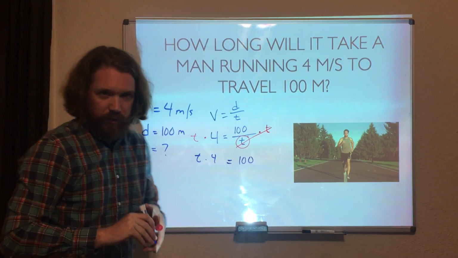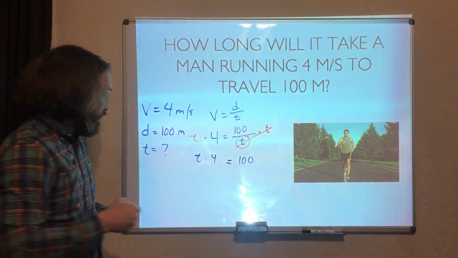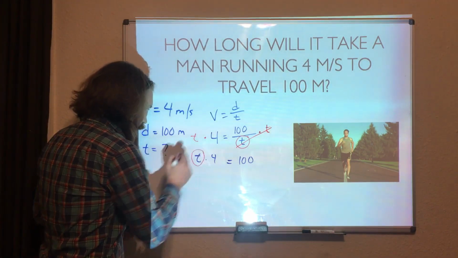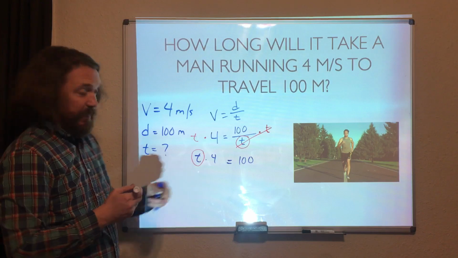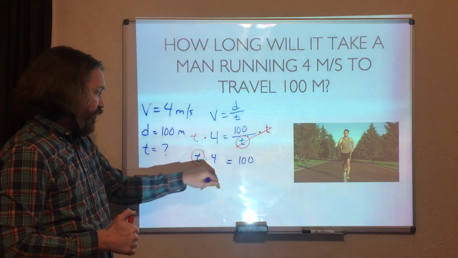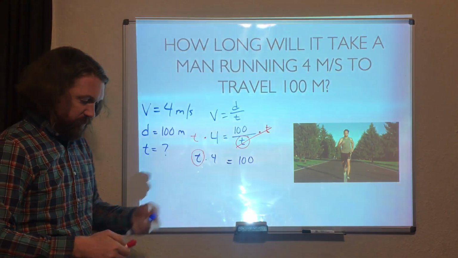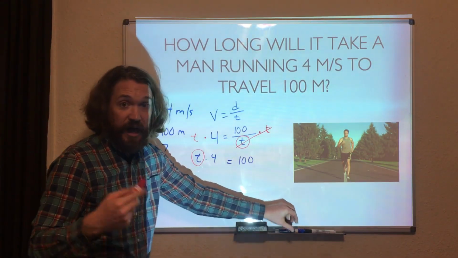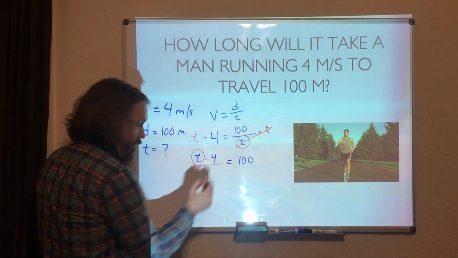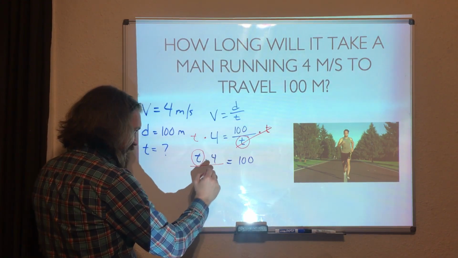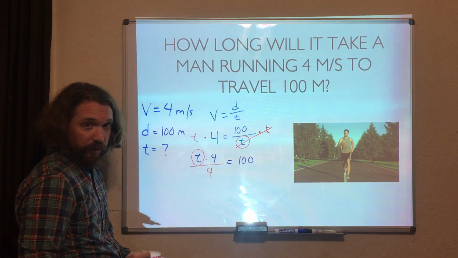All right, good. We check to see our variable. Time is what we want by itself. It is not by itself, so we have to move the 4. What do we see? We see multiplication. What do? We do the opposite of multiplication. We divide, and we divide by 4, because that's what we want to move.